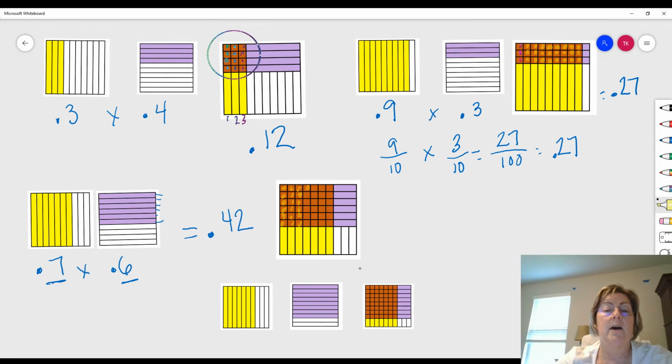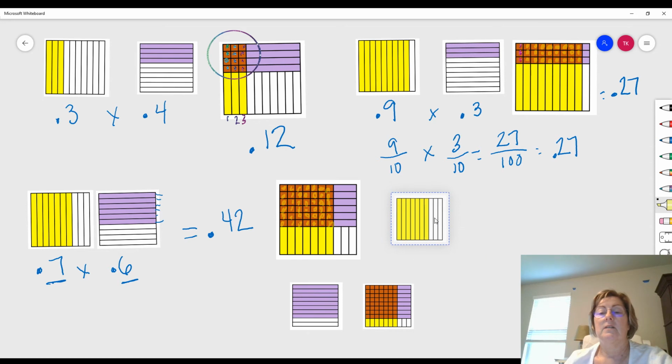And you can see how, because I'm not using the whole thing, I'm taking only a part of a part, so my answer is going to be smaller, and you can see how it gets smaller. And if I count all of these, I will come up with 42 1/100th pieces. All right, my final example.